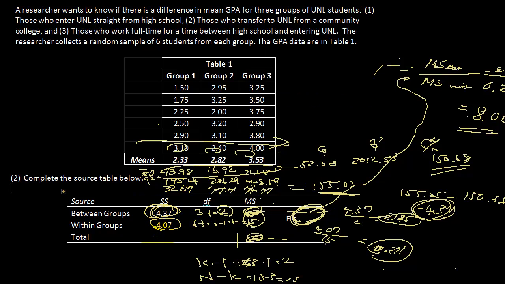So total is going to be 8.44. That's the sum of squares total.